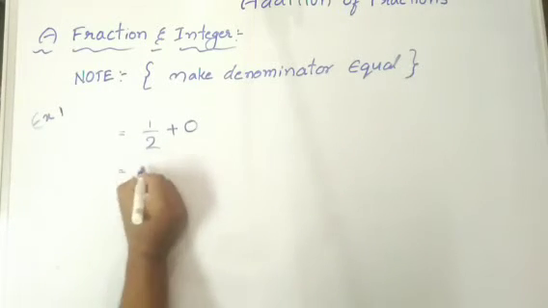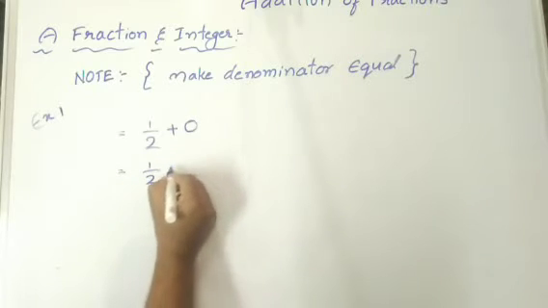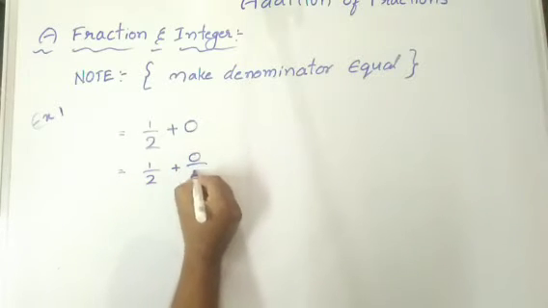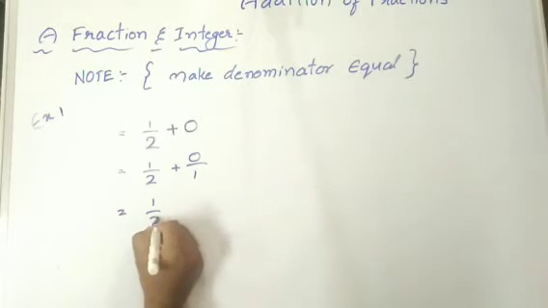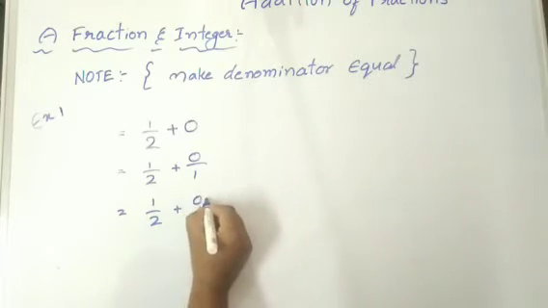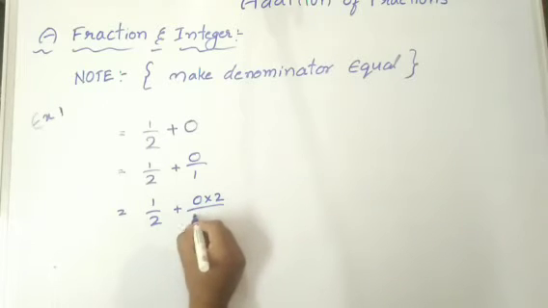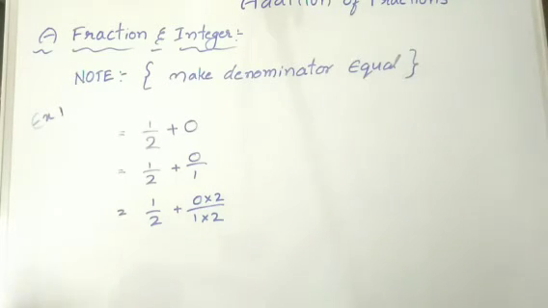Here, first I want to make the denominator 1. So next, 1 by 2 plus 0 into 2 by 2. If I multiply and divide by the same number, there is no change.